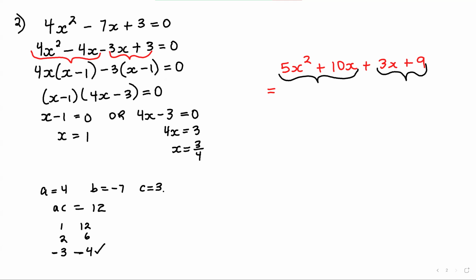So 5x squared, uh-huh. What is the common factor between 5x squared and 10x?